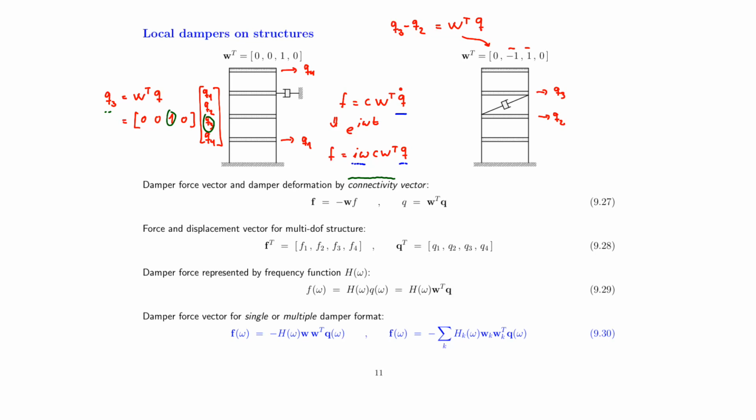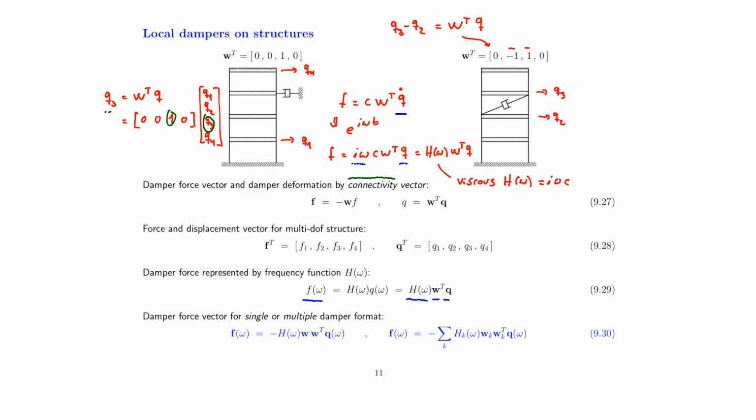And this then can be written as H of omega times W transposed times Q, where for a viscous damper we have that H of omega is equal to the I omega C that we also had for the cable. So we can introduce our damper force as a transfer function times the connectivity vector transposed times the displacement vector.